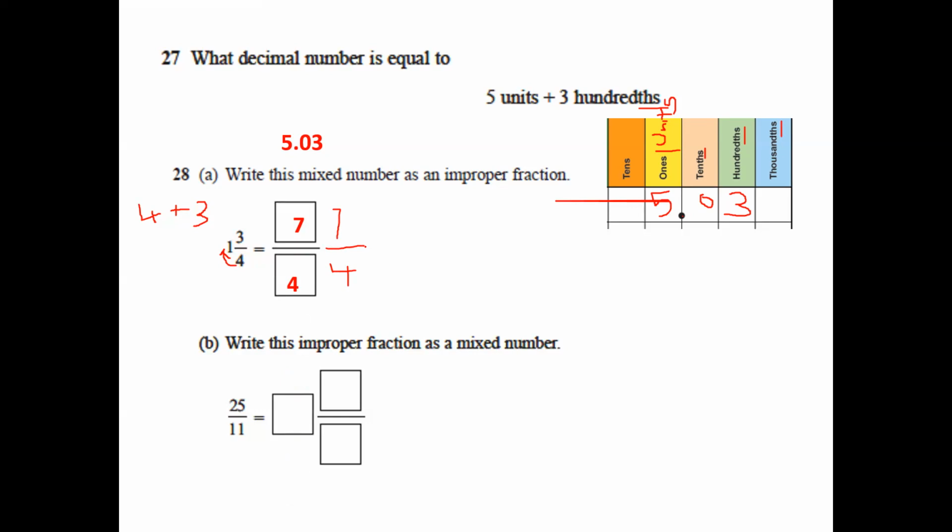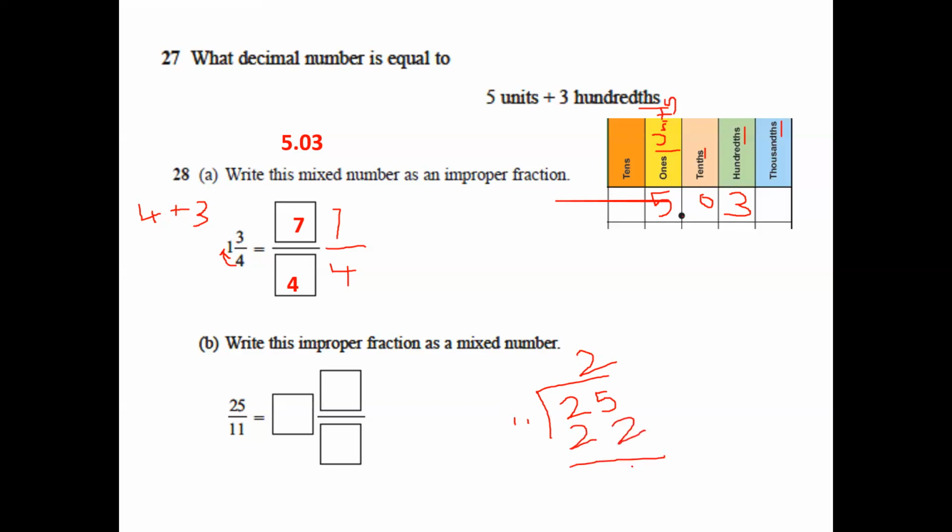Then B. Write this improper fraction as a mixed number. I told you, in an improper fraction, the numerator is bigger than the denominator. To convert this improper fraction into a mixed number, you can do long division. Now we'll see for 25, how many 11s are there? There are 2 11s. 2 times 11 is 22.